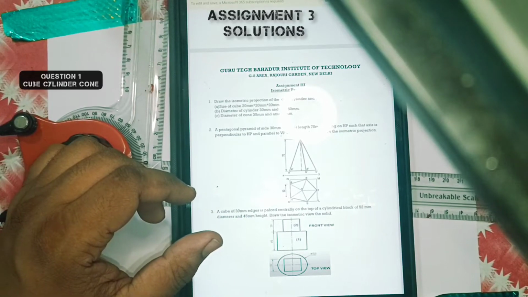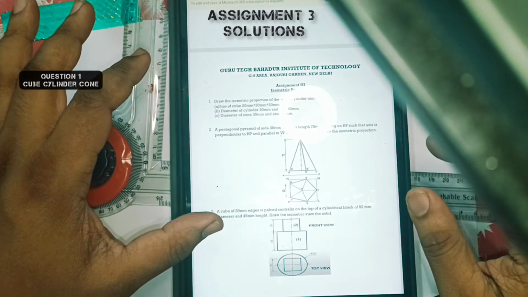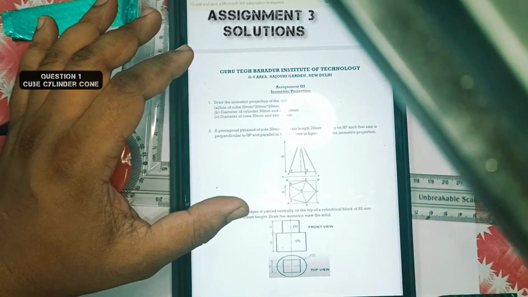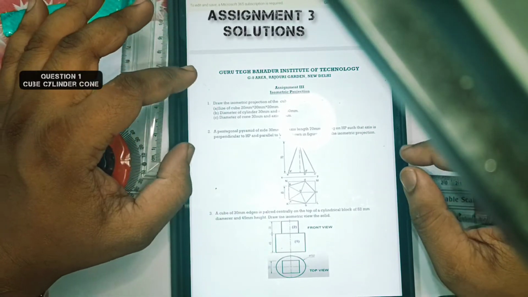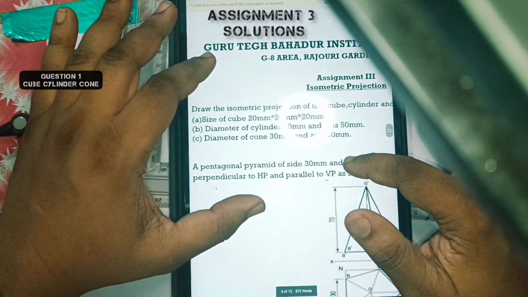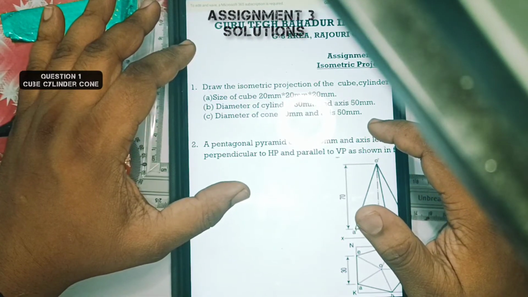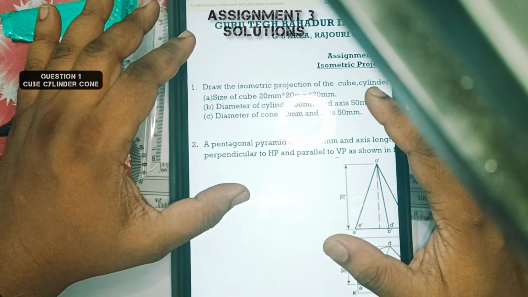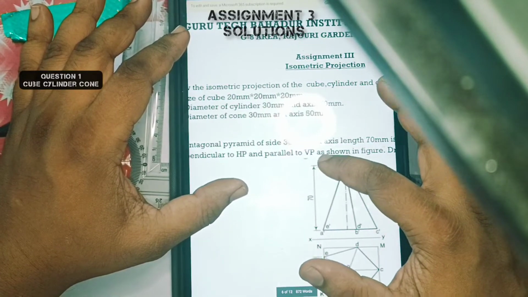Okay friends, I'm going to describe the last assignment, the assignment for isometric projection. As you can see, this is the third assignment, and some questions have been done in the class also regarding this.